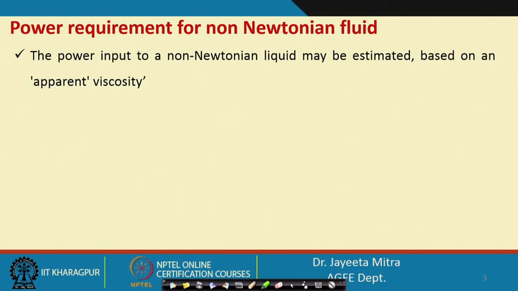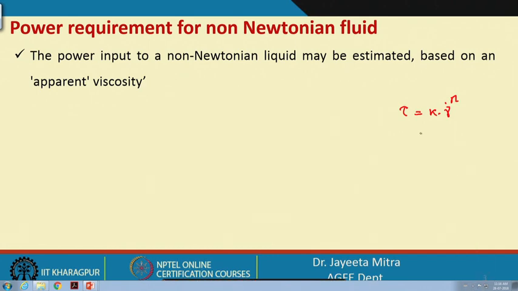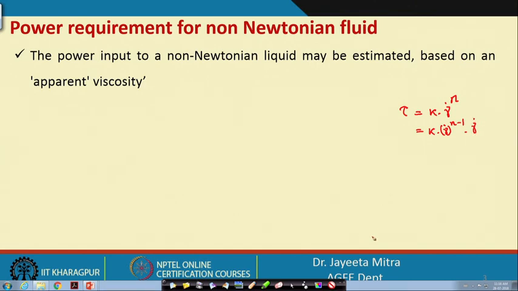We know that for the non-Newtonian liquid we can express the shear stress and shear rate behavior by this factor, and again we can write it as k into gamma dot to the power n minus 1 into gamma dot, right. So, this is called the apparent viscosity.